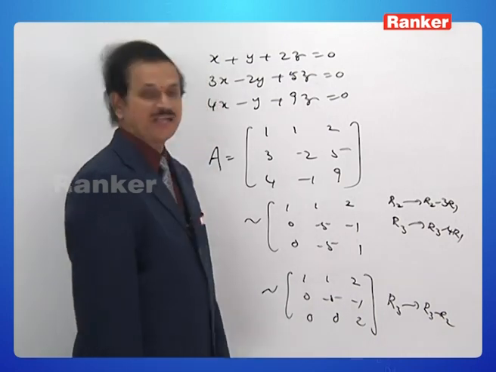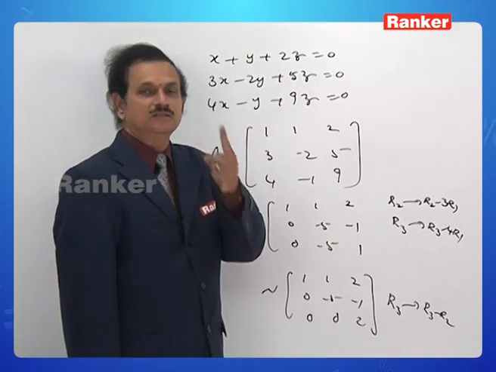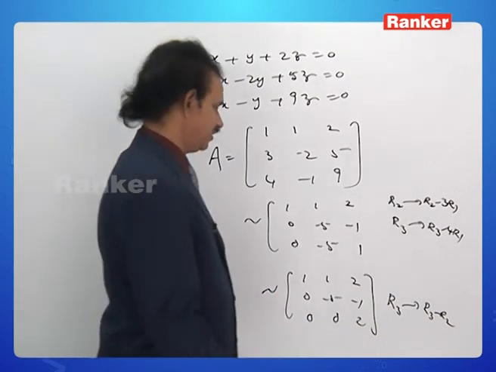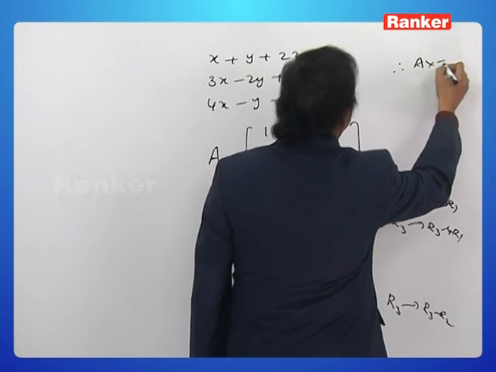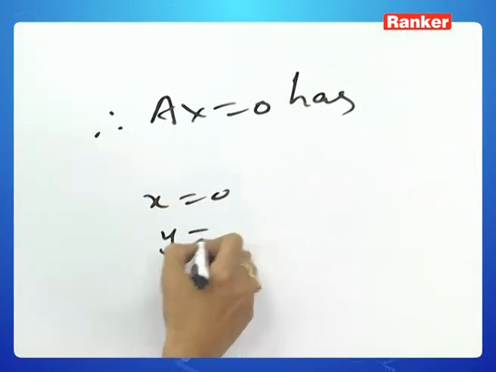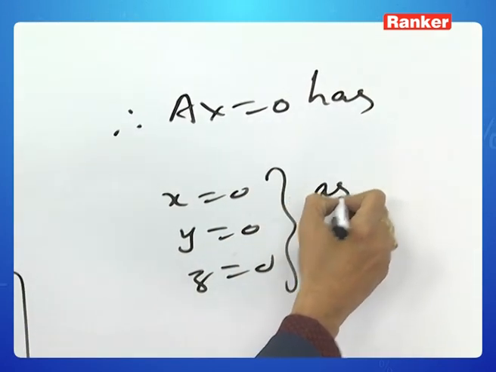As the rank is 3 and the number of variables is also 3, there is only one solution. What is that solution? The 0, 0, 0 solution. Therefore, Ax equal to 0 has x equal to 0, y equal to 0, z equal to 0 as the only solution.